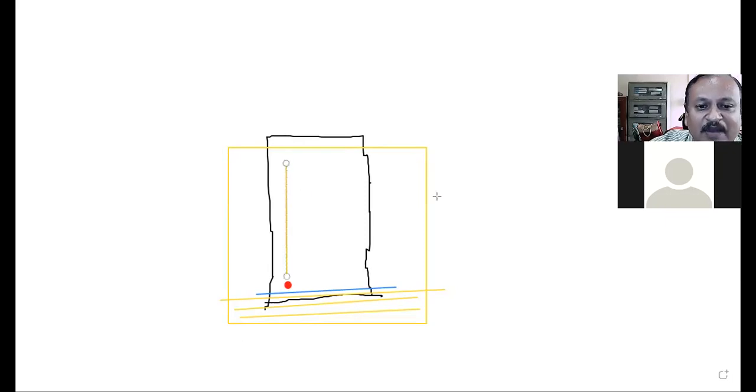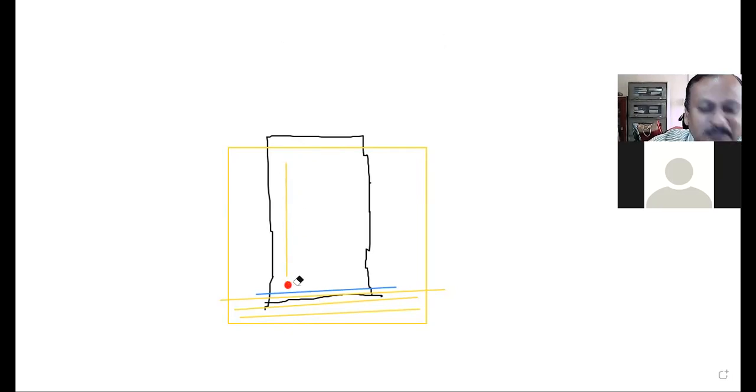At the end of the run, what will happen? The entire spot, I don't know whether I can copy this. Isn't there an undo? Okay, undo.